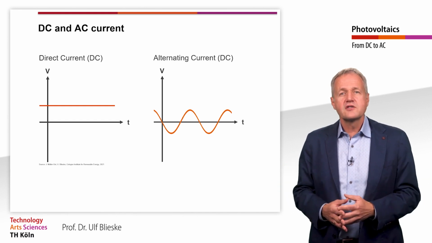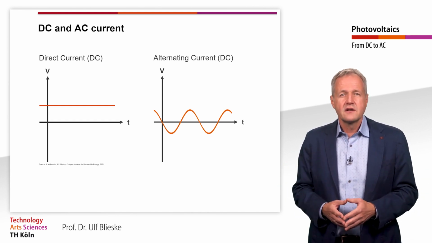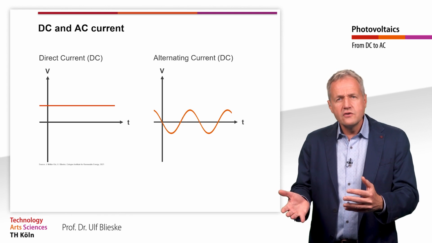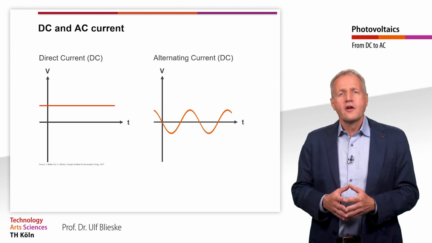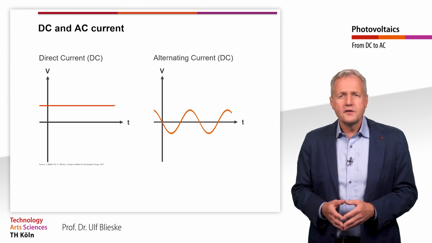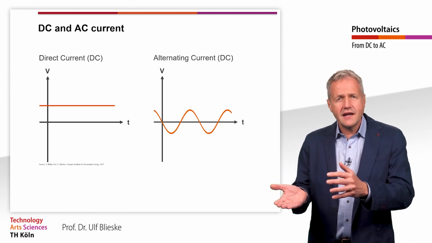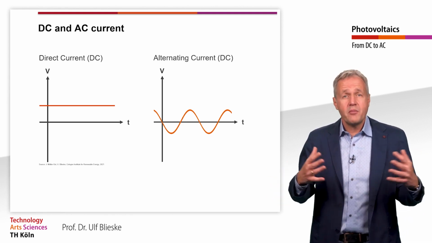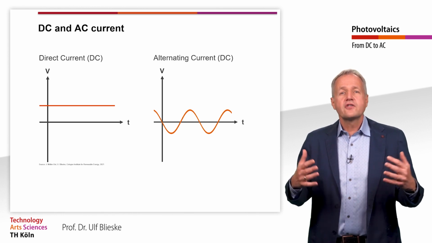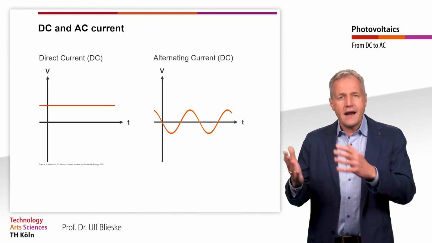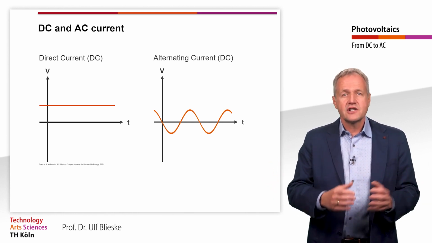Hence, the public grid became an AC grid. If we want to use PV modules for any device in the household, or to feed electricity into the public grid, we have to somehow convert the direct current into alternating current.